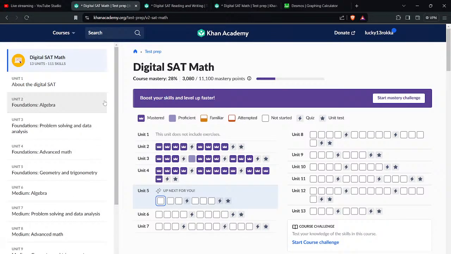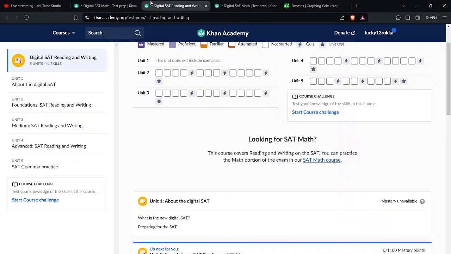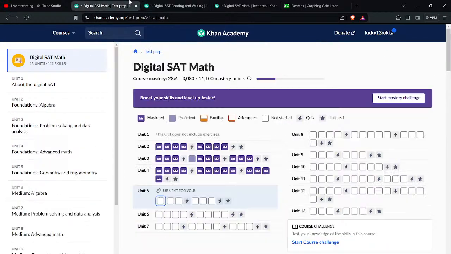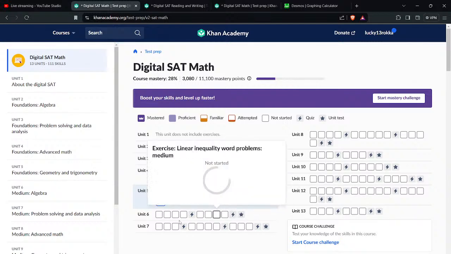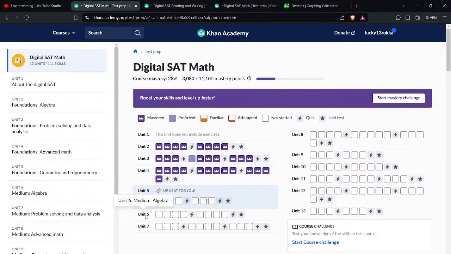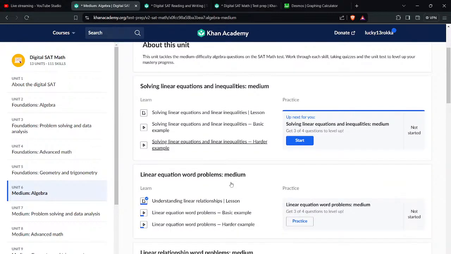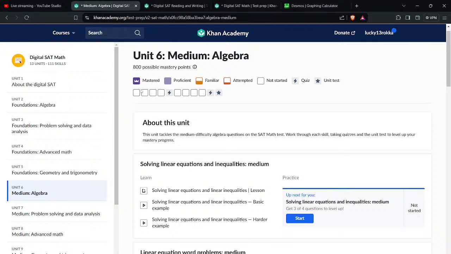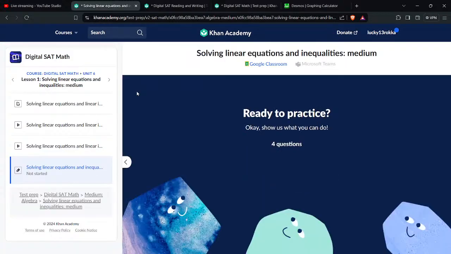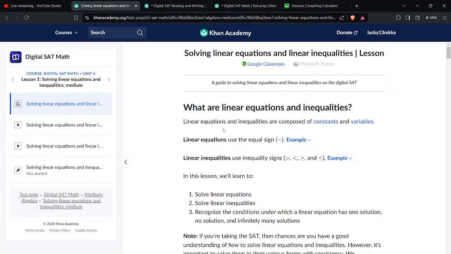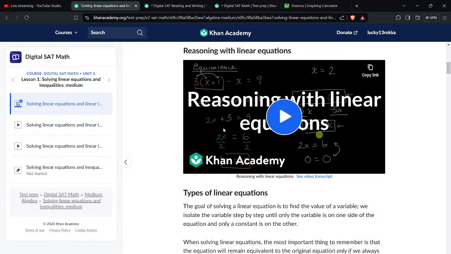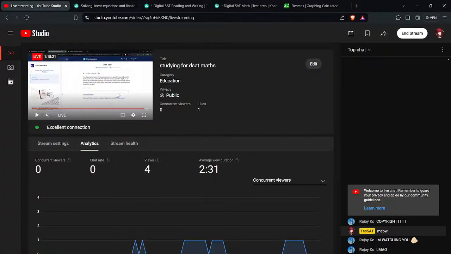And when it comes to the DSAT, we have 30 units. Okay, it's half the work. So I'll complete unit 5 today, definitely. And then maybe unit 6, as I don't know the contents of unit 6. Okay, I think I'm good.